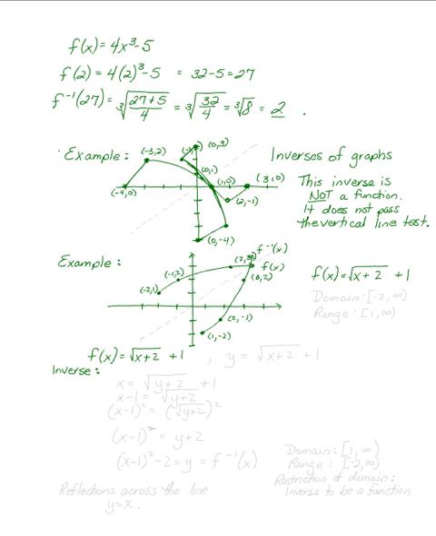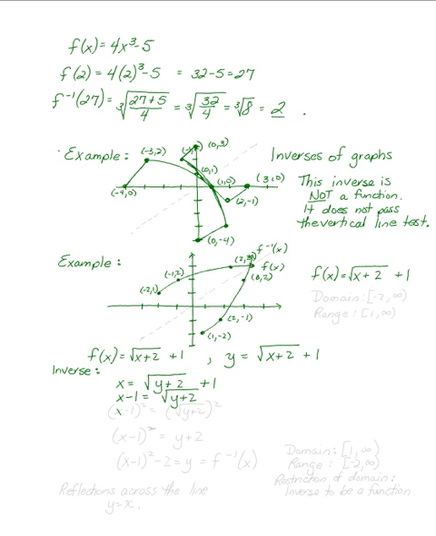Now if we do that, remember what we're going to do is first rewrite this as y equals the square root of x plus 2 plus 1. And then we're going to interchange the x and y values. So we will get x equal to the square root of the quantity y plus 2 plus 1. In order to solve this, we're going to do what? We're going to subtract 1 from both sides. We're going to square both sides.